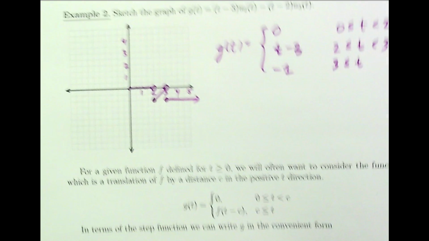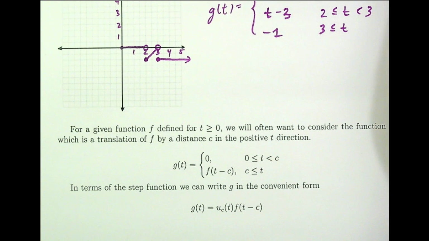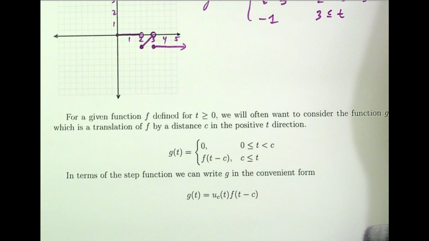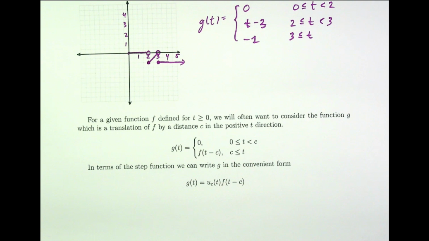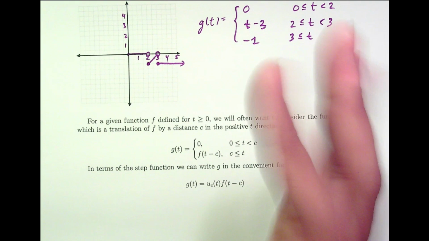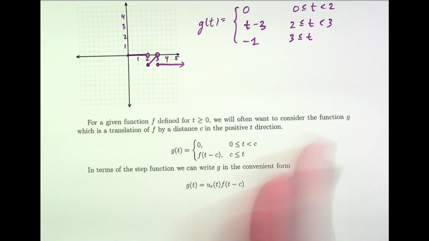All right. One more thing on this page. For a given function, suppose that you have a function, we sometimes want to consider a translation of the function. A translation by a number c, meaning you take the graph and move it to the right by c units, by a distance of c in the positive direction.